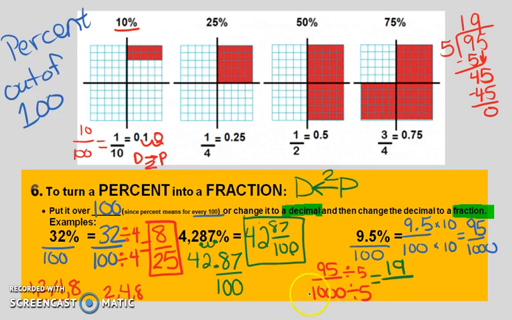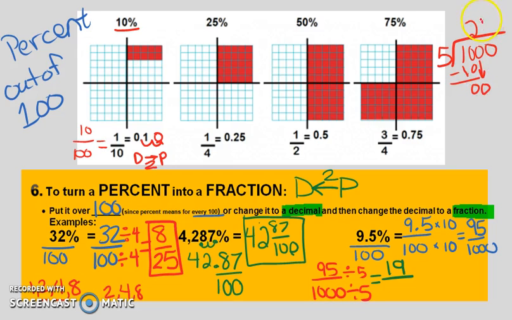And now it's time to do some math to figure out the denominator. Actually, I need to erase my work so I have some space here. No problem. I'm going to go to the side and divide 1,000 by 5. 5 goes into 10 twice, with none remaining.